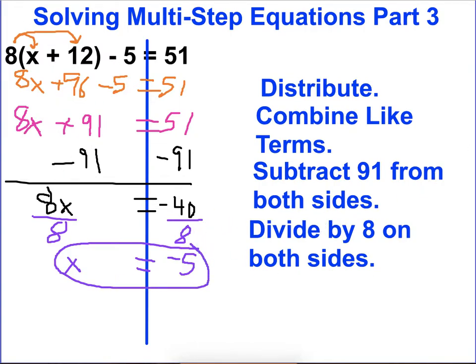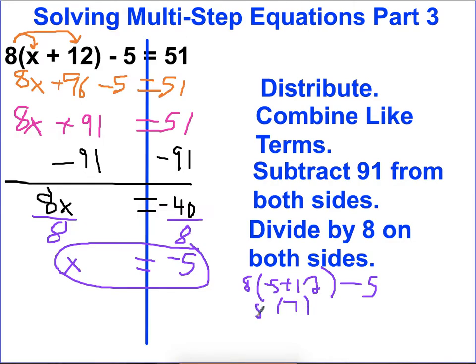Remember, we can go back and check too. The original expression on the left side here has our variable in the parentheses, so I can rewrite that as 8 parentheses negative 5 will go in place of x plus 12. And then I have minus 5. Okay, negative 5 plus 12 we're going to have 7.